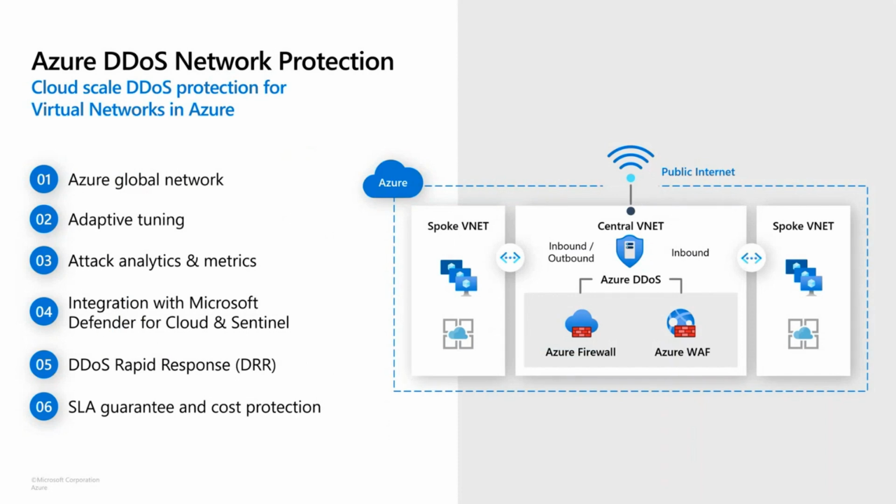So Azure has Azure DDoS Network Protection, and Azure has a global network. This protection works on your public IPs. With the solutions we looked at so far, Azure Firewall, for instance, has a public IP. You cannot do without it.